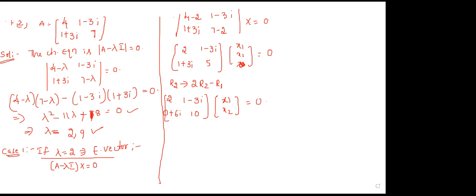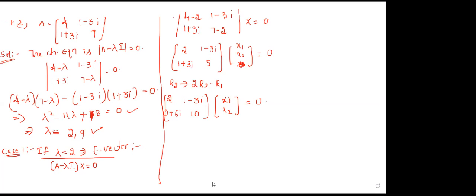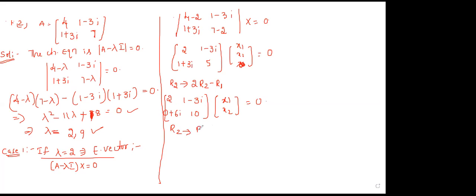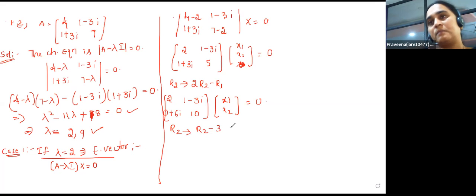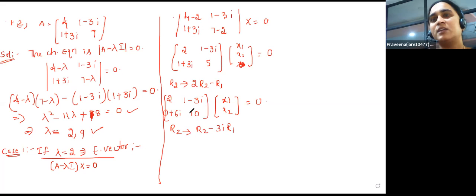Okay, tell me. R3 minus 3, R2, R3, minus, right. R2. Wait. Multiply by 3i. Again, R2 changes to R2 minus 3i R1. Up to 3 into 6.